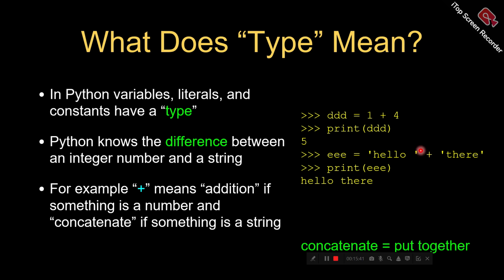So it will concatenate or join the two different strings. Over here it will be joined: hello, space, and then there. So if we print eee, it will print hello there. It will not give a syntax error.